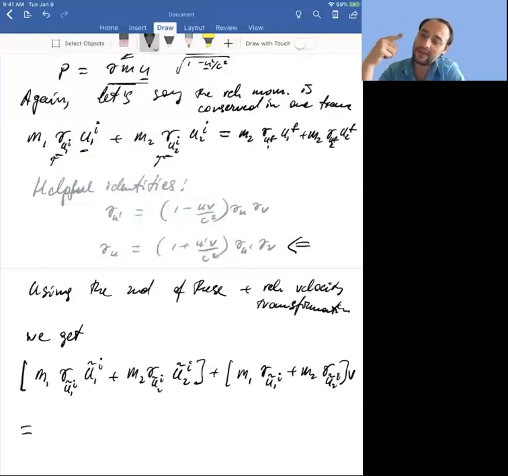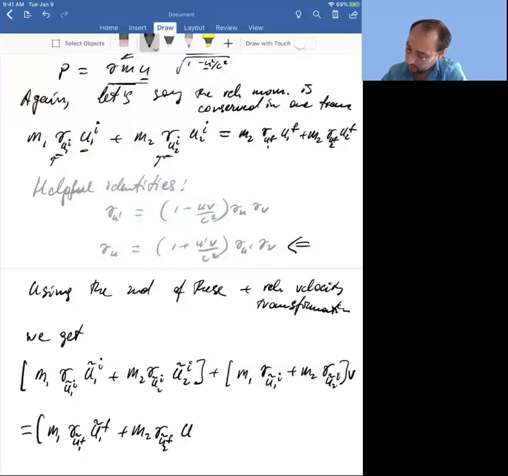That will remind you of something, except that it didn't have the gammas when we did the non-relativistic calculation. Okay, so I have M1 gamma U1 tilde final times U1 tilde final plus M2 gamma U2 tilde final times U2 tilde final.